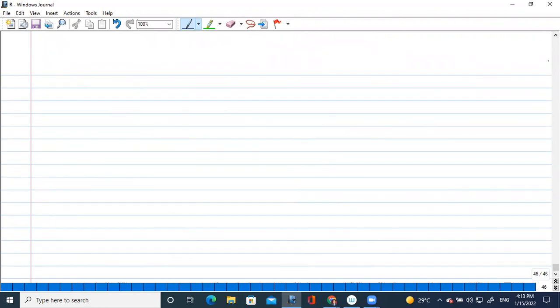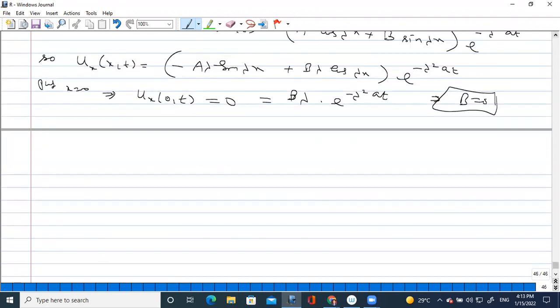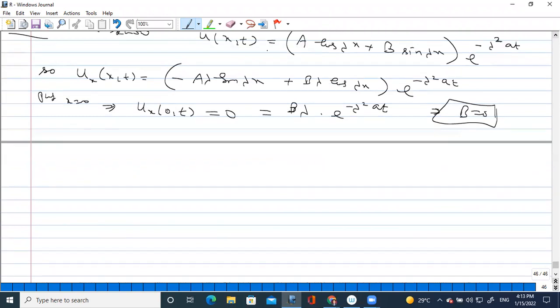Okay, in the same equation where you put x equal to 0, now if you put x equal to L, then it will become u_x(L,t), and that value is also 0.